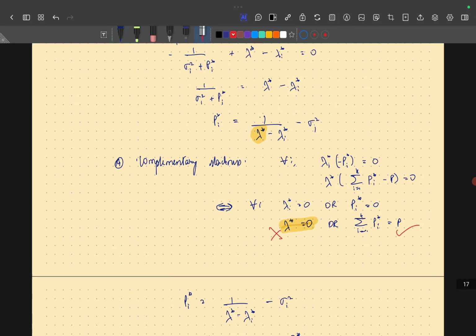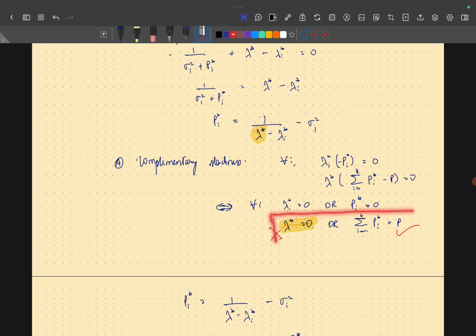All right. Now, based on the complementary slackness condition, we saw that you have a bunch of Lagrange multipliers. In each case, either lambda i should be equal to 0 or pi star should be equal to 0.